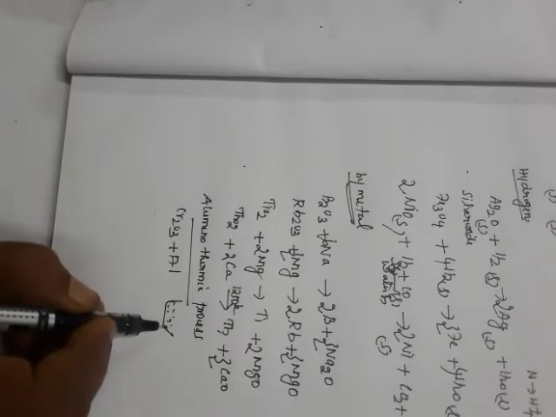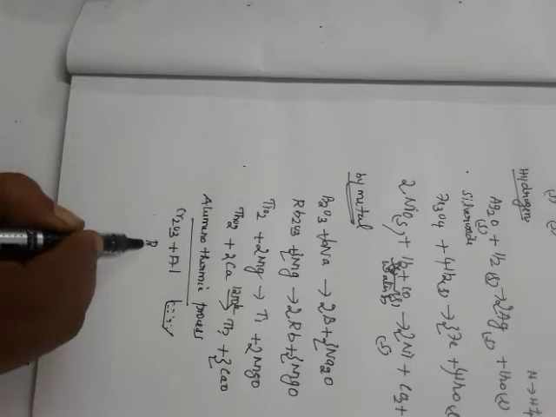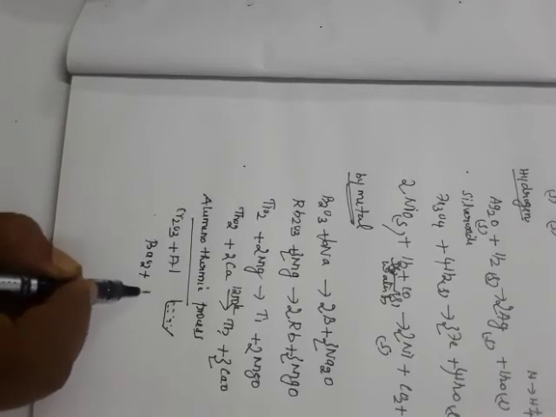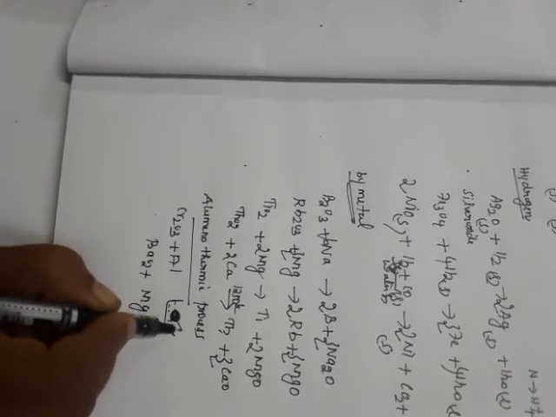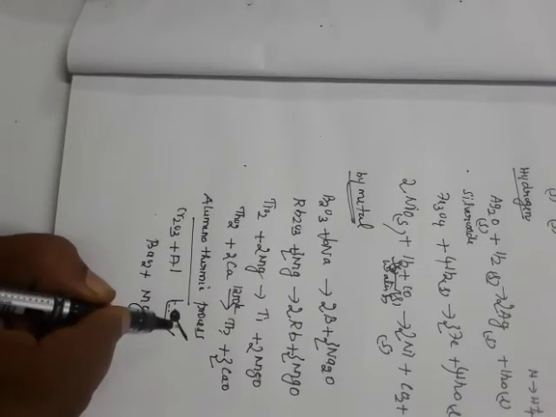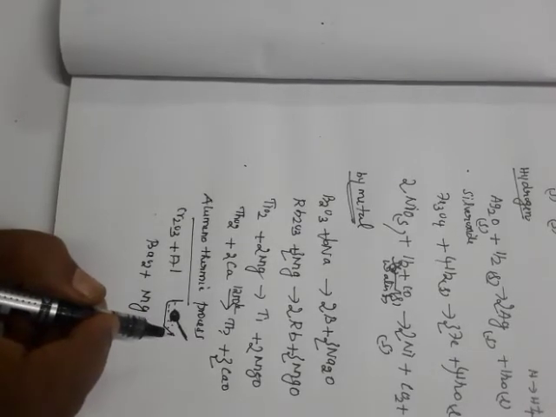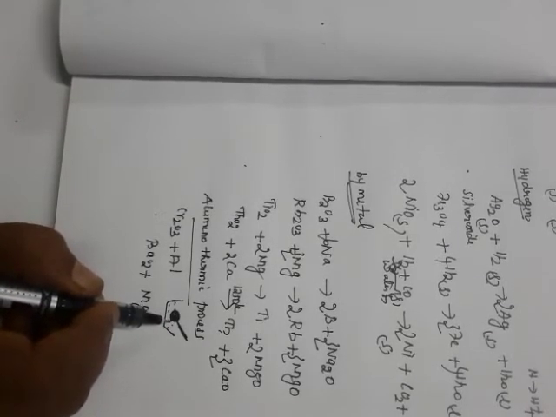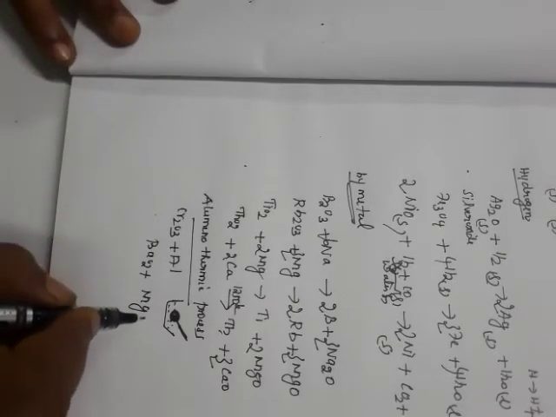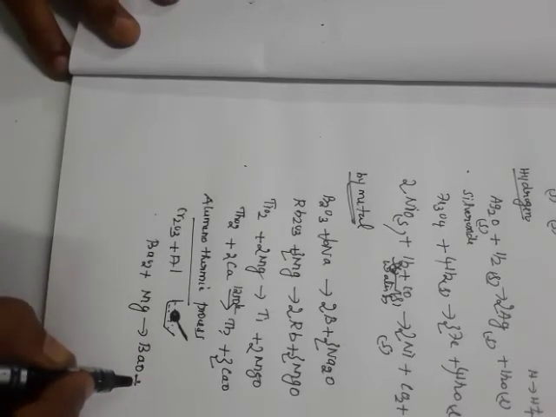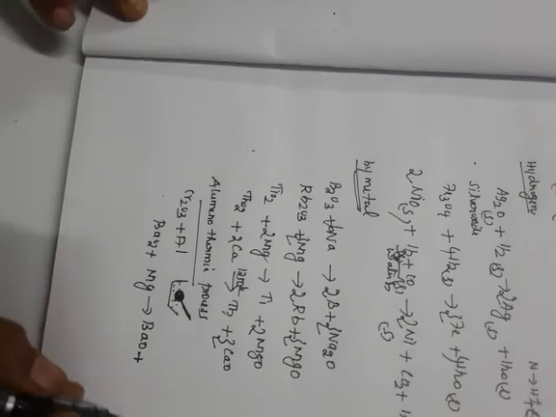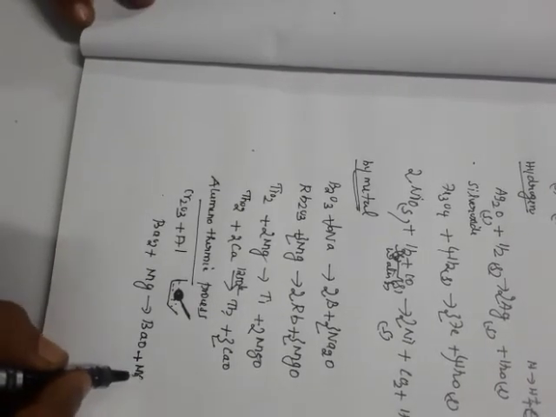To start the reduction process, an ignition mixture of barium peroxide and magnesium powder is kept, and a magnesium ribbon is inserted to carry out the reaction. Barium peroxide and magnesium ignite, forming barium oxide and magnesium oxide, MgO.